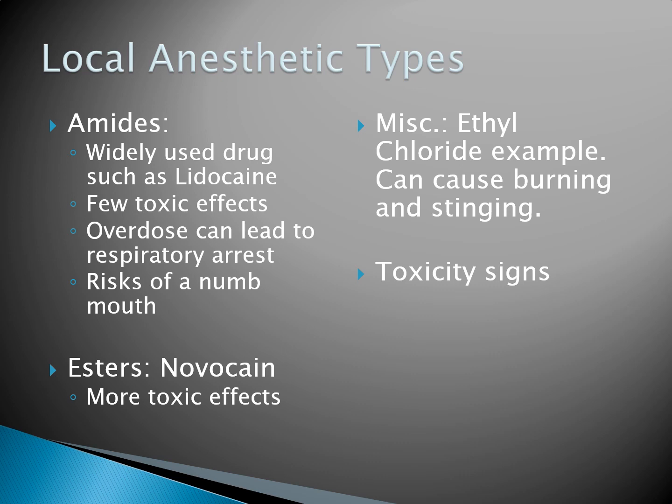Your amides replaced the esters, which means fewer side effects and longer lasting. Severe side effects are rare, but for example, if a patient has a sulfate allergy, like with lidocaine administration, they would be at a higher chance for reaction.